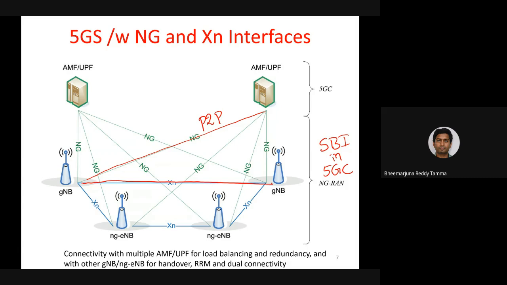Whereas in the RAN, and also for the connection between the base station and the AMF and UPF, we have these point-to-point interfaces. It is also called a reference point architecture. I will explain today what I mean by these point-to-point interfaces.